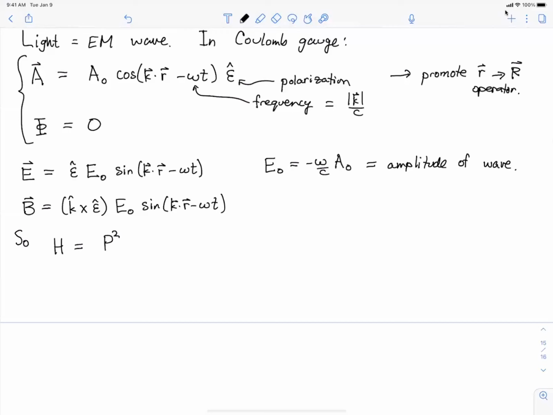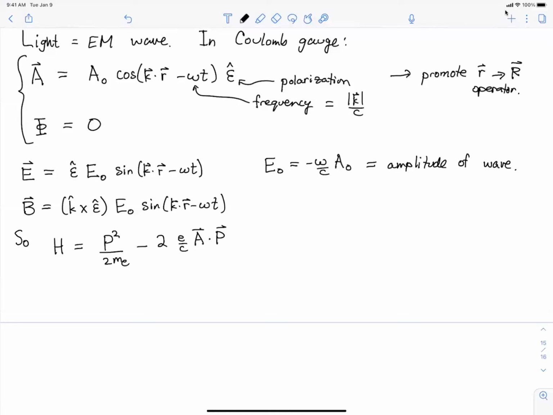So there's p squared over twice the mass of the electron. And then there are 2 terms, so I'm going to write a factor of 2 times e over c, and then there was A dot P and there was P dot A. But remember, in Coulomb gauge, those are the same thing. That's why I got the factor of 2.